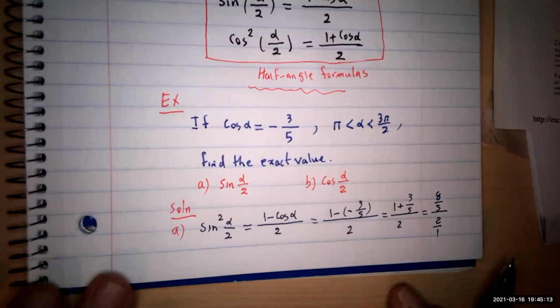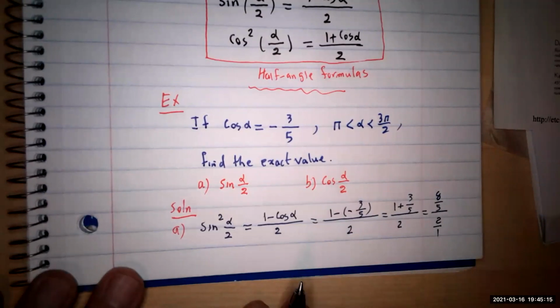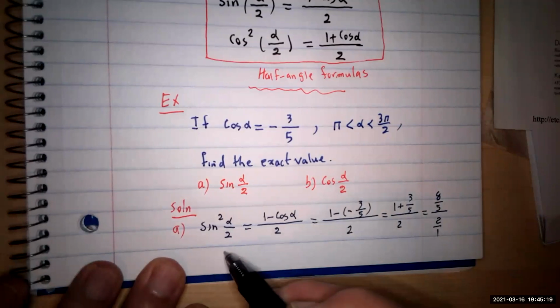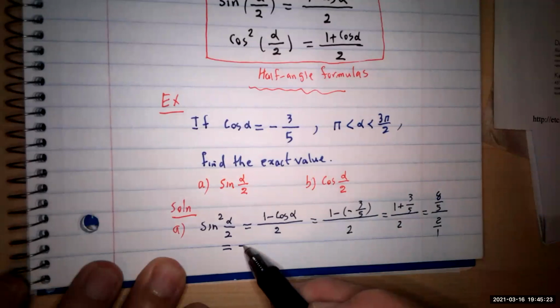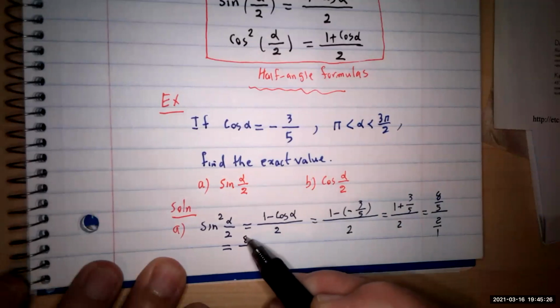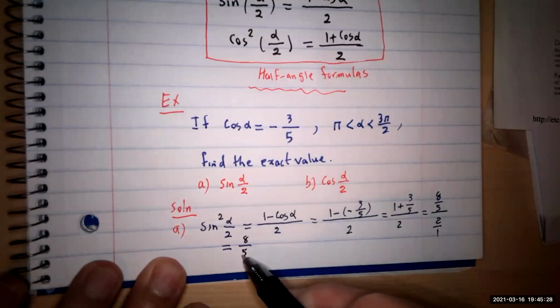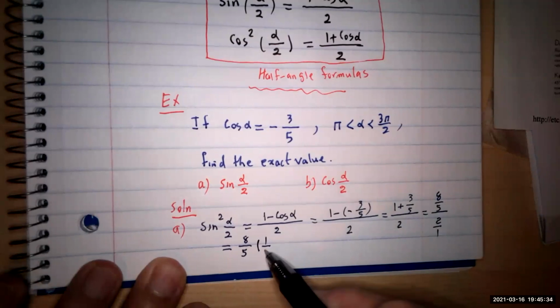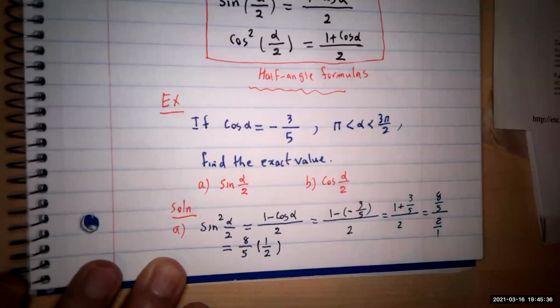It's division of two fractions. You write the first one times the reciprocal of the bottom one. So it's equal to 8/5 times 1/2. Now we can simplify, since it's a multiplication.